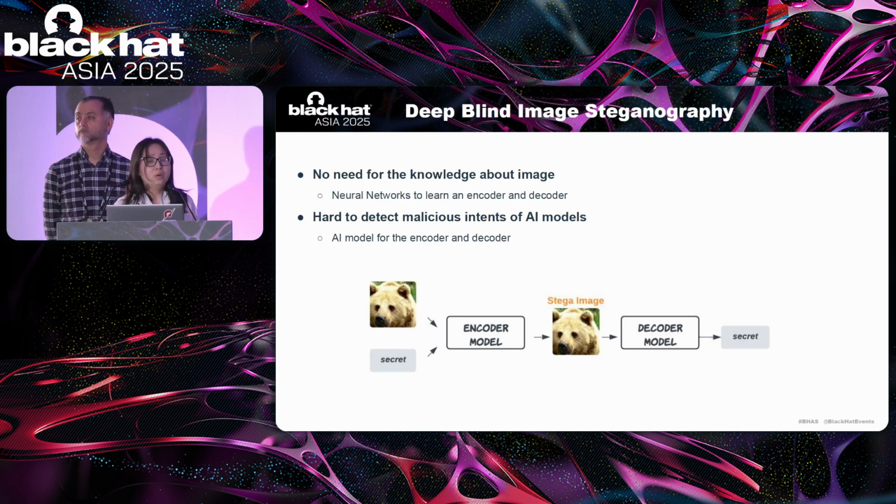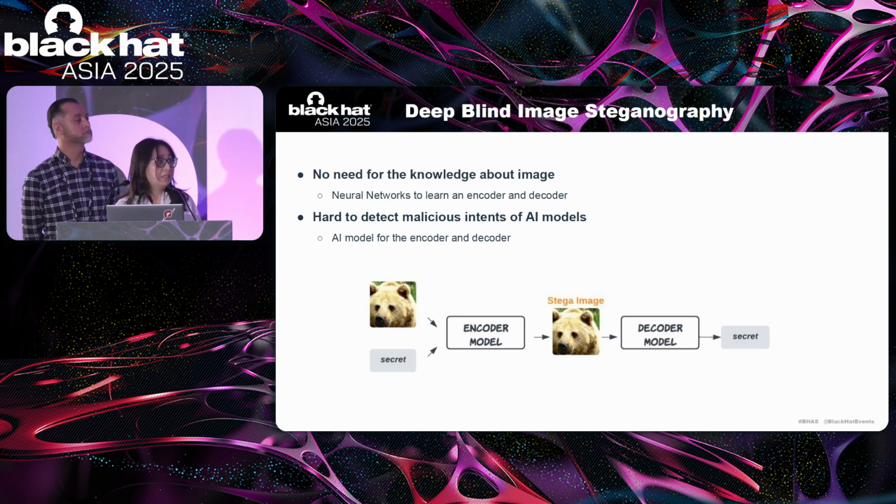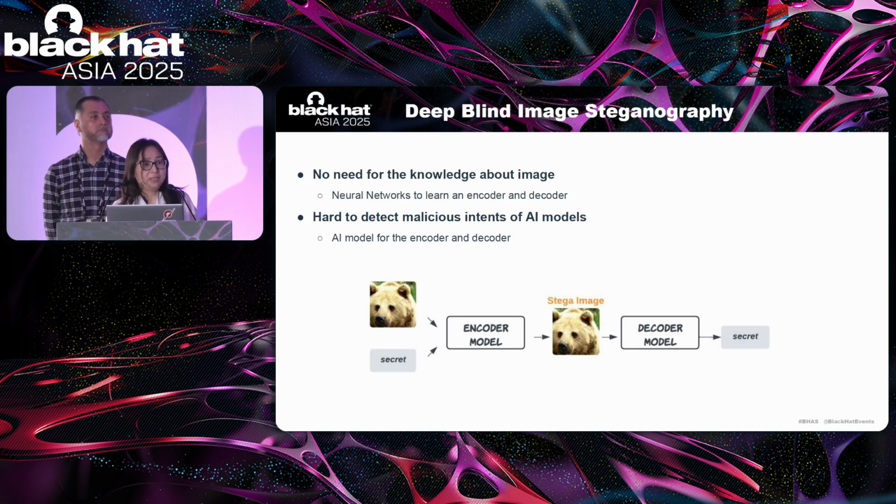In this case, we don't necessarily need knowledge about the image itself. We can directly use the neural network to train the model for encoding and decoding for us. The encoder and the decoder are actually AI models. So this could bypass existing detection services, which utilize binary analysis or code analysis.